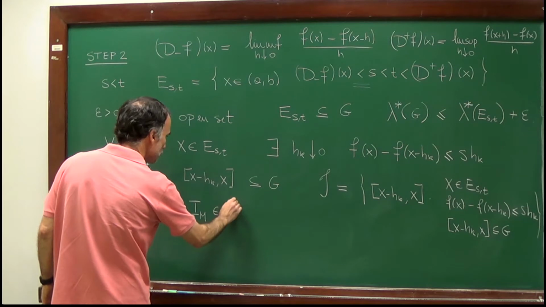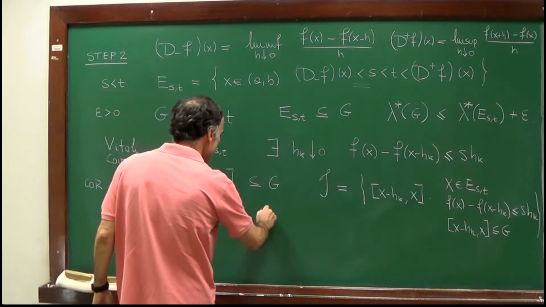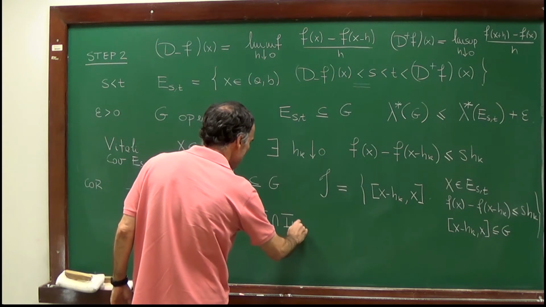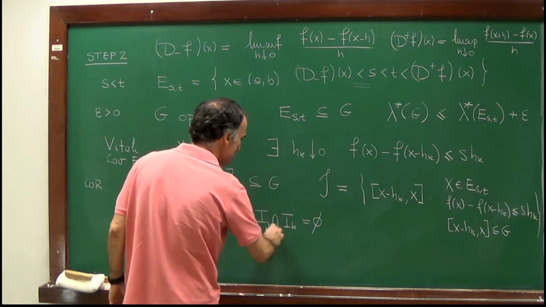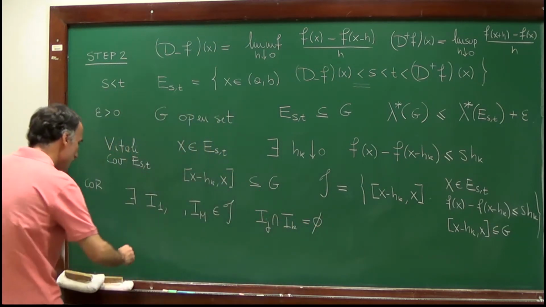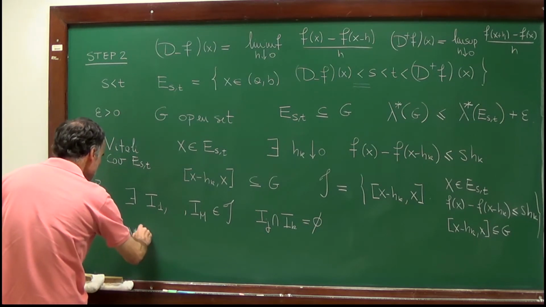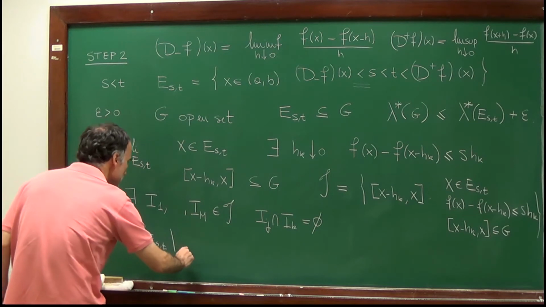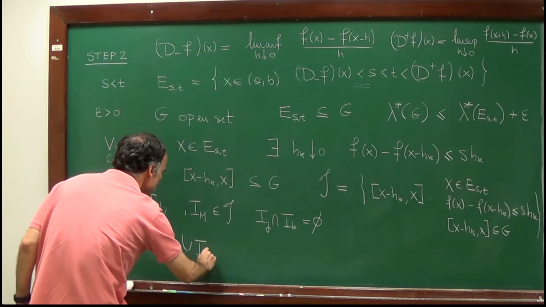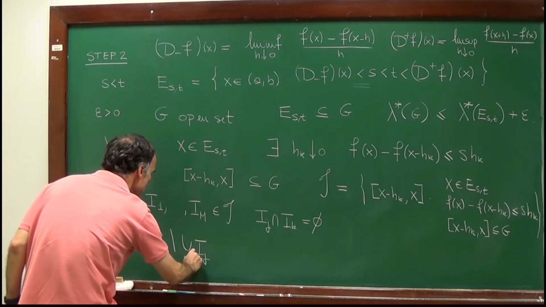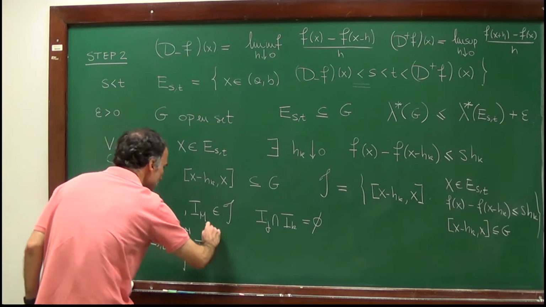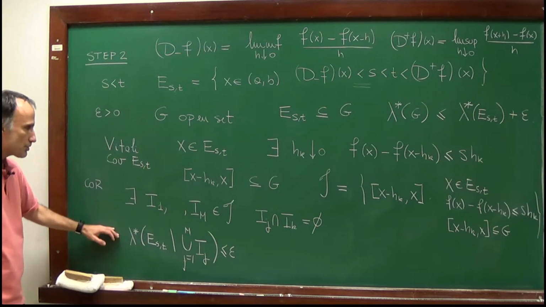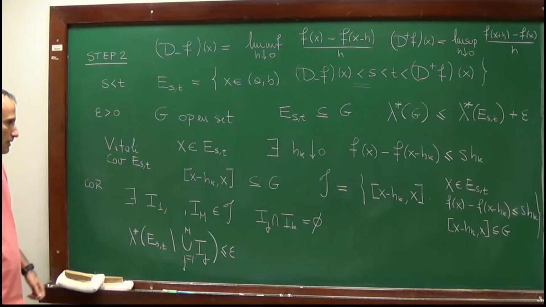They belong to my family I. They are disjoint two by two, so I_j intersection I_k is empty if j is different from k. And the outer measure of E_s minus the union of I_j from 1 up to m is smaller than epsilon. Okay. So this is the assertion of the corollary of Vitali's lemma.